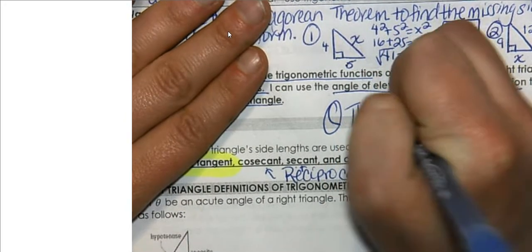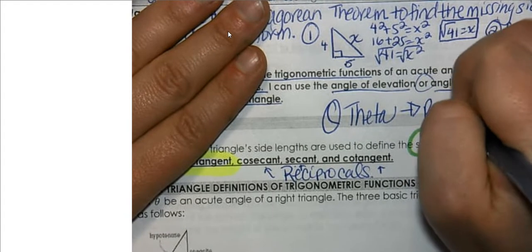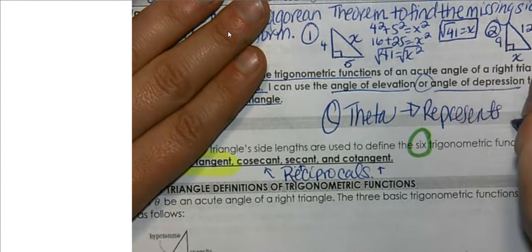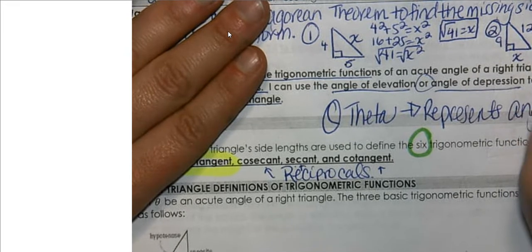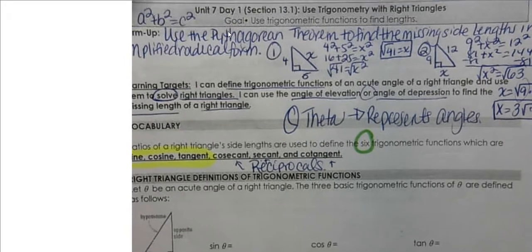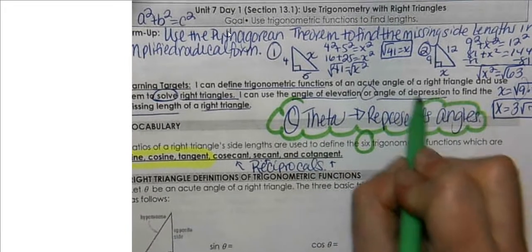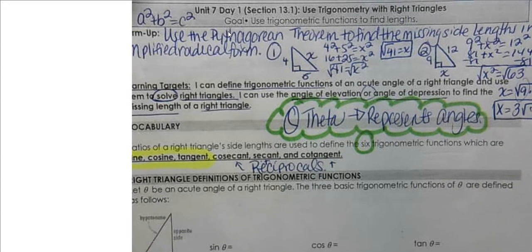And theta is used to represent angles in mathematics. So if this is the first time of you seeing theta, it's certainly not going to be your last time. Theta is used to represent angles.